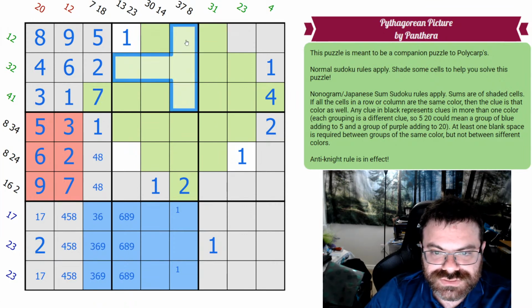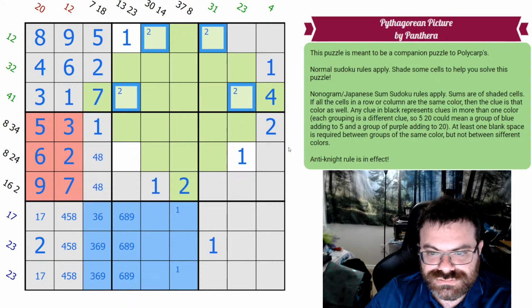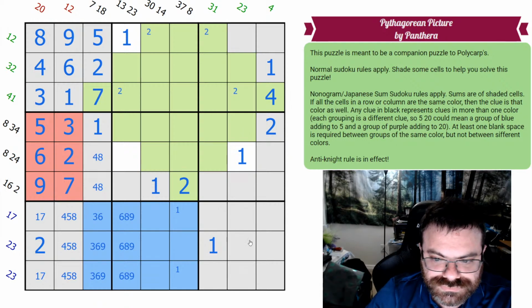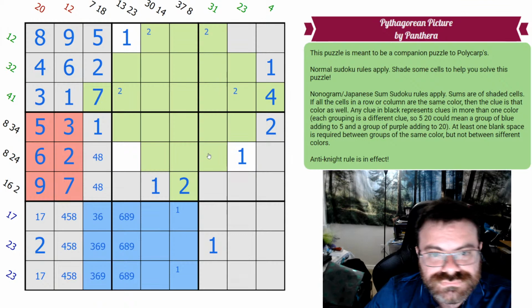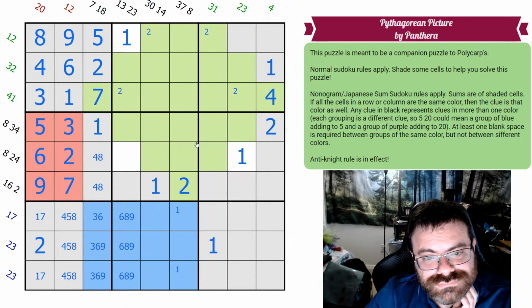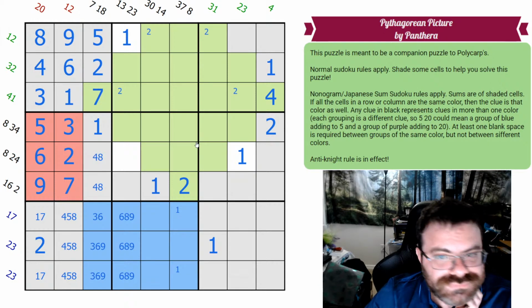Where does 2 go in this box? So I've got 2s here. 2 in box 1.